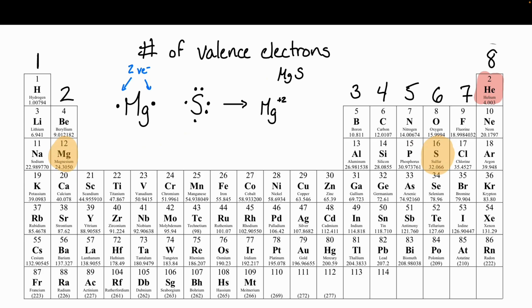Gain electrons or lose electrons? It's going to have to lose electrons, right? Because electrons are negatively charged. And in fact, it's going to have to lose 2 electrons. So which 2 electrons is it losing? Those 2 valence electrons.